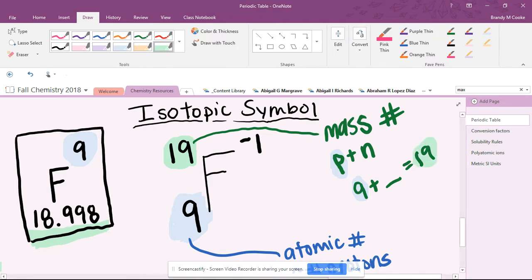That's the mass number. Then I have to have 10, of course, because 10 plus 9 is 19. So I have 10 neutrons.